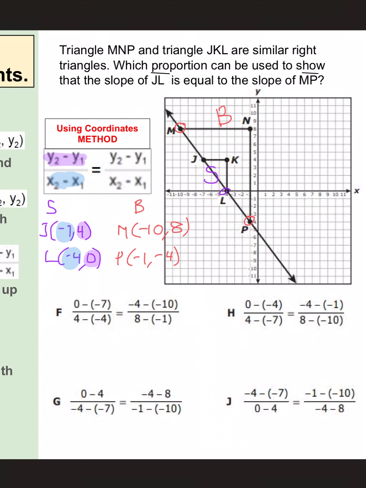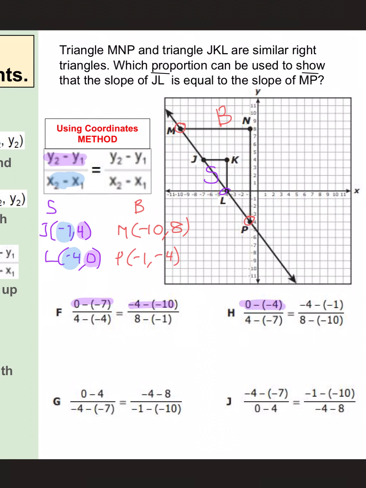So let's take a look to see if we can figure out which setup has 4 and 0 at either side of the fraction first. So let's take a look. 4 and 0. No, those are not 4 and 0s. This is 4 and 0 here.